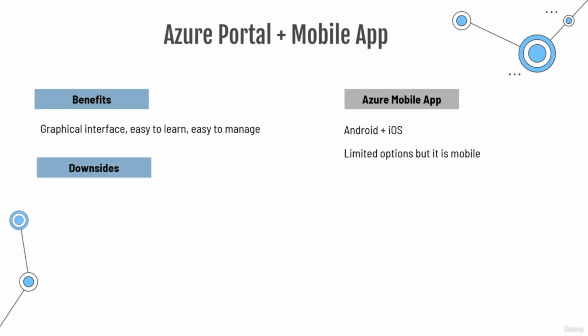On the other side, the downside of the Azure portal is that it can be really tedious to implement some bulk tasks. If we, for example, have to create 150 virtual machines, maybe even in the exact same way, then doing this manually through the Azure portal is really a tedious task, and it's not recommended.